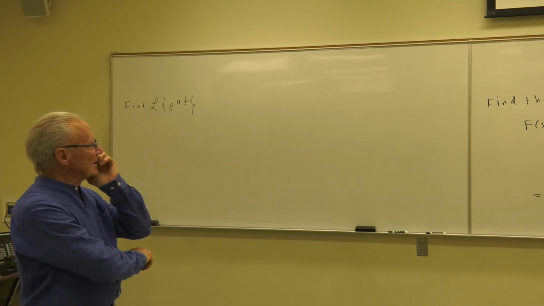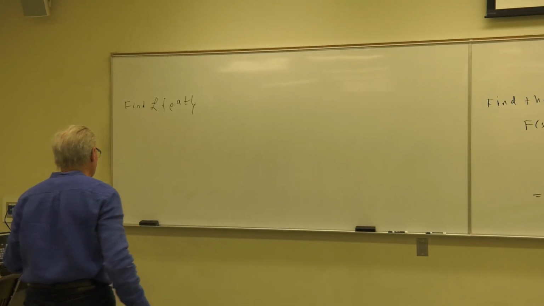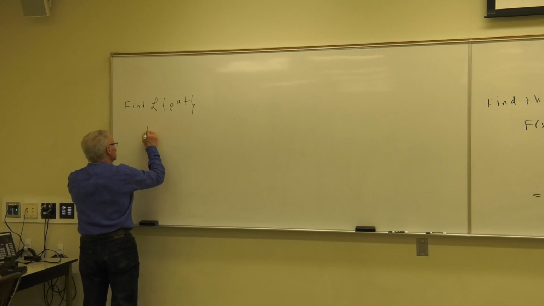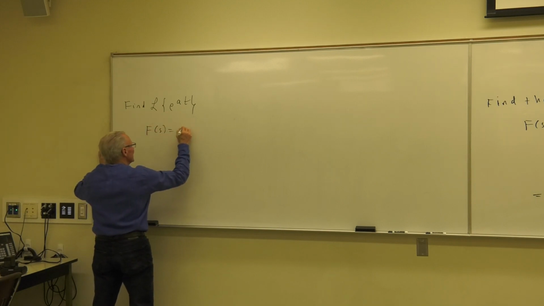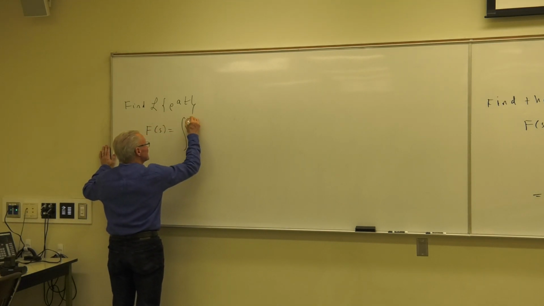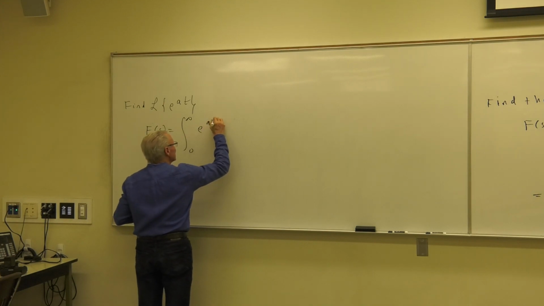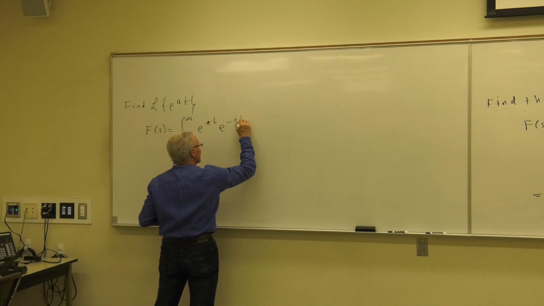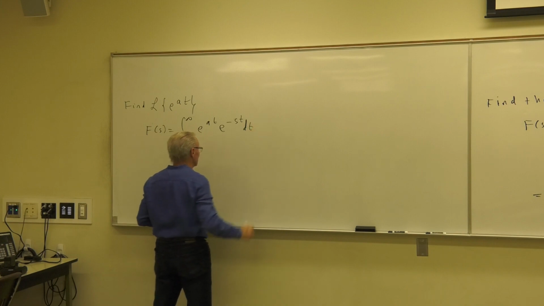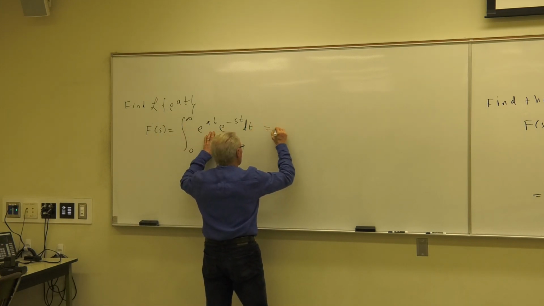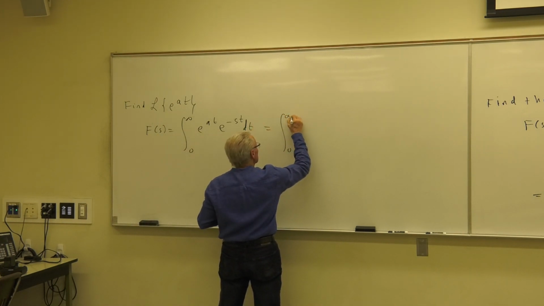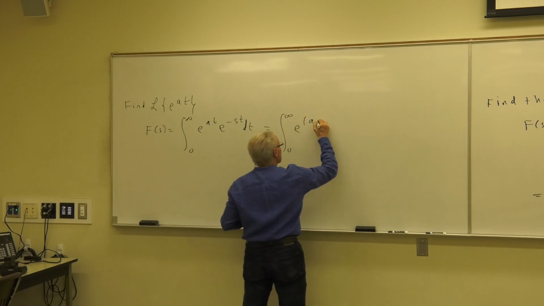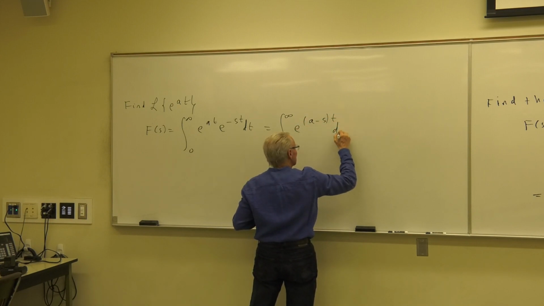Well, by definition, f of s is equal to the integral 0 to infinity e to the at e to the minus st dt. I can join the exponentials together: integral 0 to infinity e to the (a minus s)t dt.